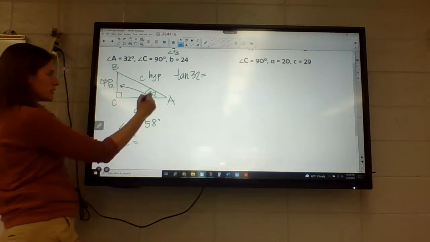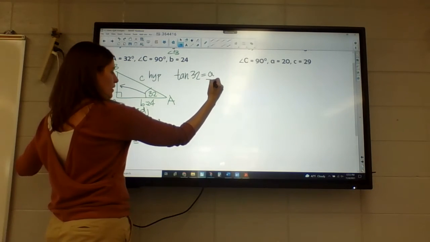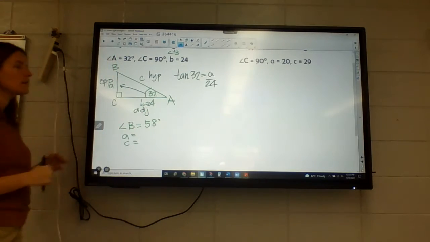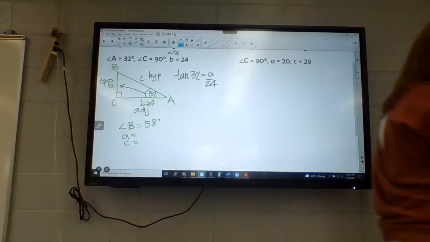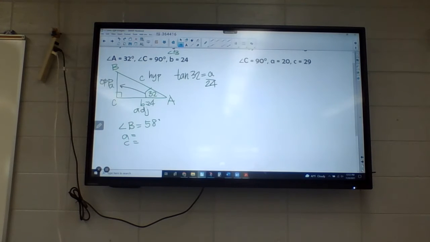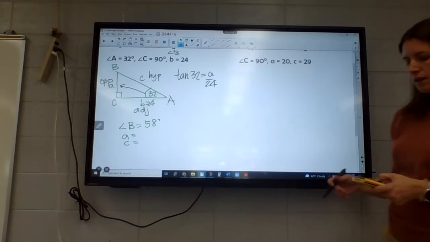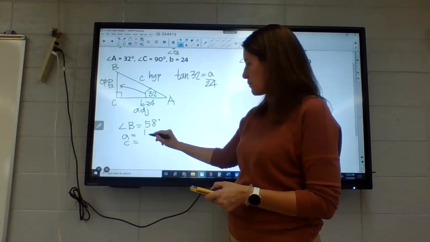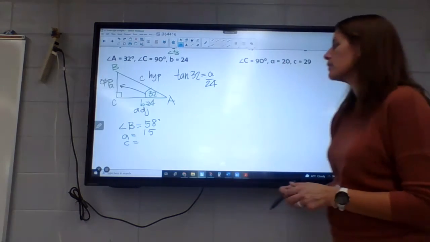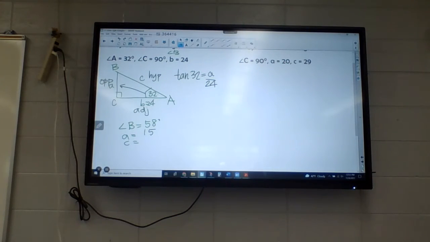Sorry, opposite over adjacent. I got like 14.996, so if I'm rounding, that's really going to be 15 for little a. And then I can find C either by Pythagorean theorem or trig, whatever you're more comfortable with.